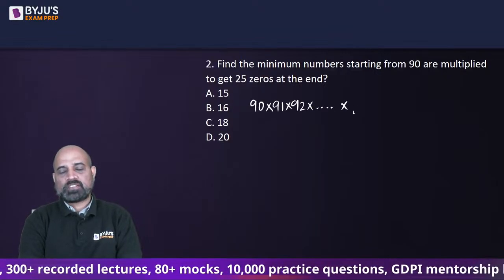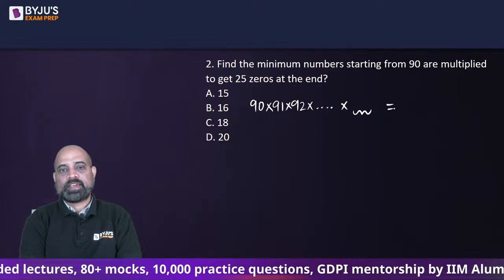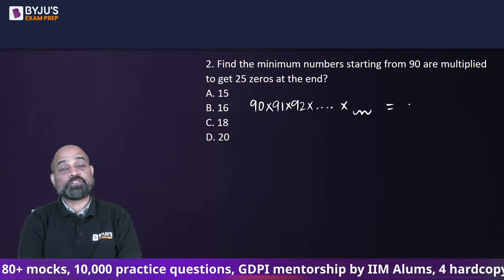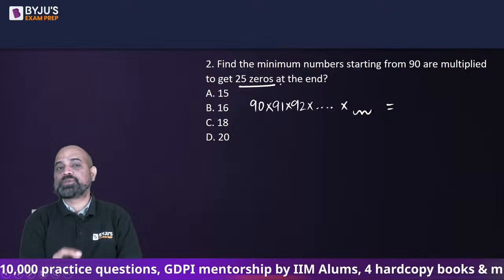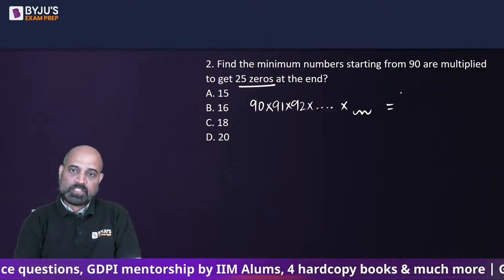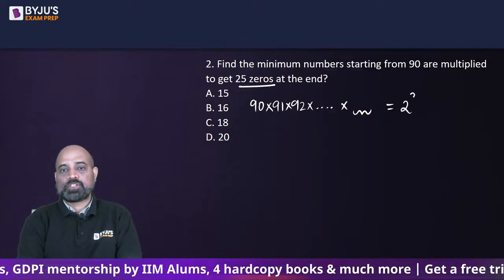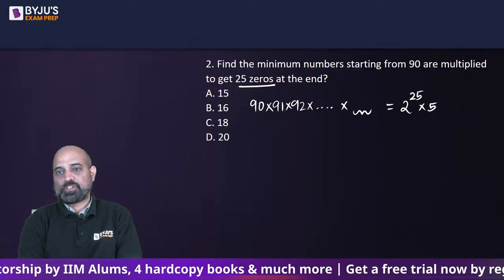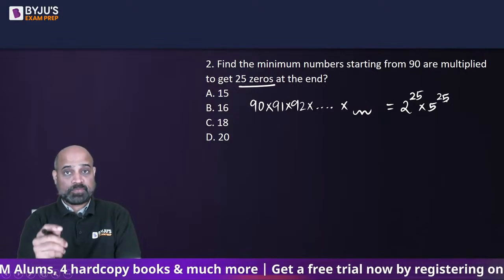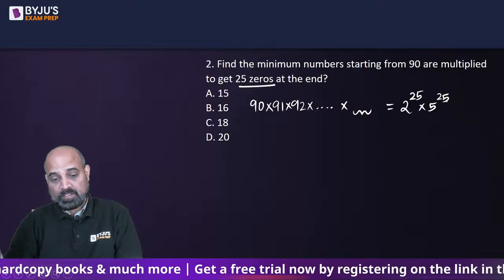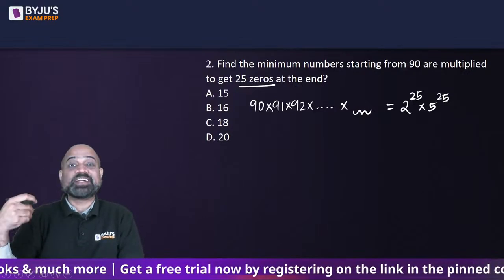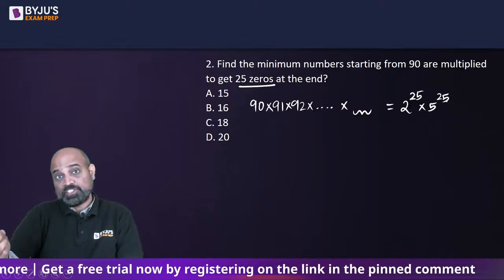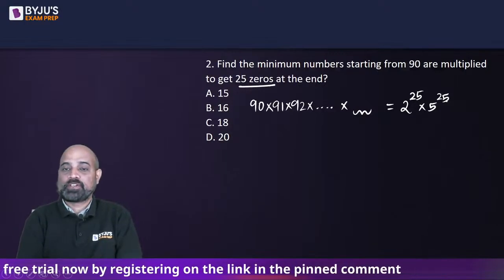What should be the last number so that we get a total of 25 zeros? Now 25 zeros, when you have a continuous product, needs 2 to the power 25 and 5 to the power 25, because having 25 zeros at the end is another way of saying there are 25 tens, and each 10 is made up of one 2 and one 5.